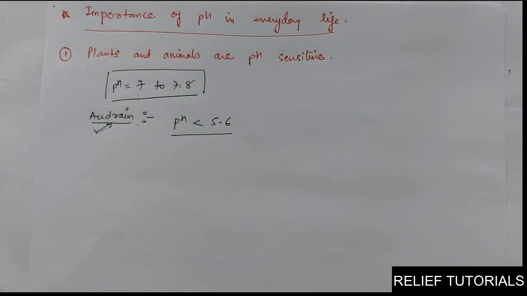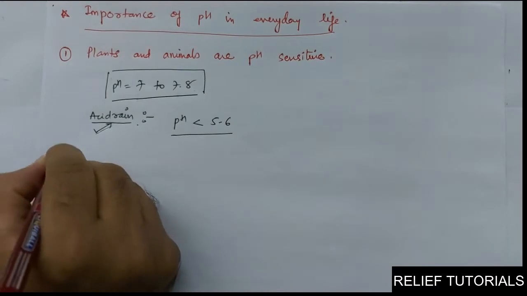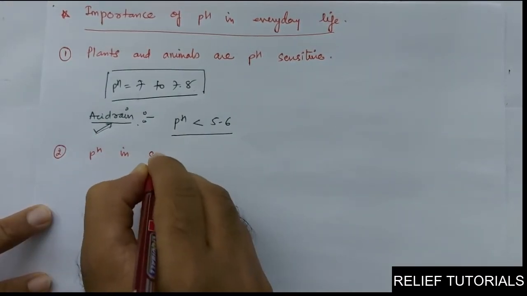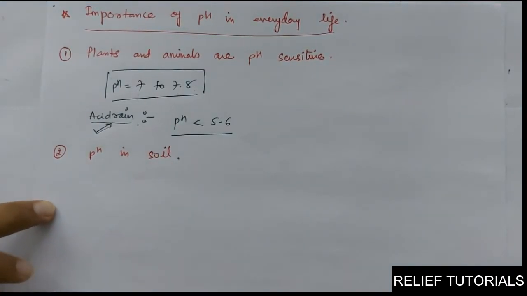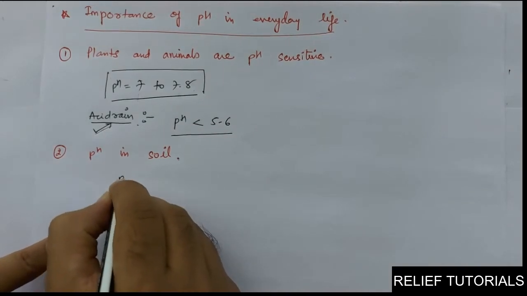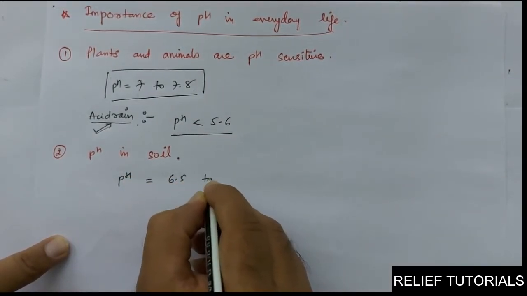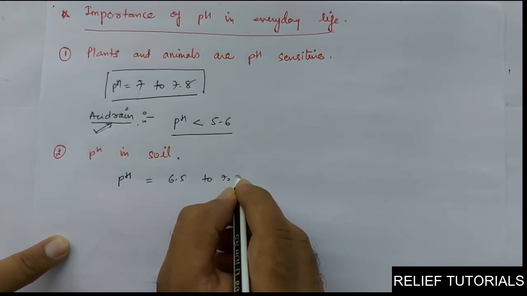Second point, pH in soil, in the garden, in our backyard. We grow some plants, so we require a healthy pH range, and that pH range is nearly 6.5 to 7.3.